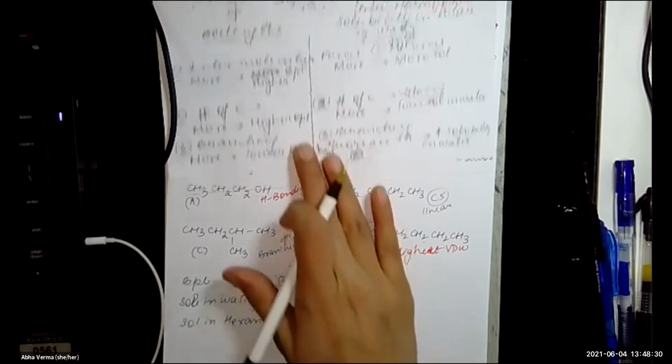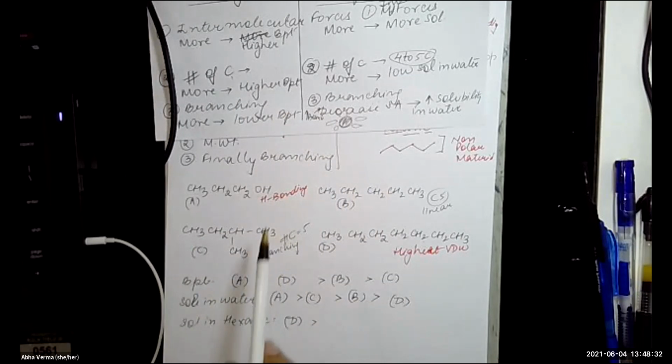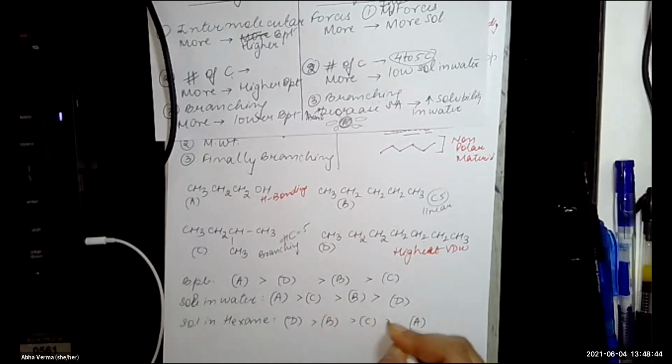And if A, which has hydrogen bonding, has the highest solubility in water, it will have the lowest solubility in hexane. So exactly reverse order. This is something that we all will have to practice more.